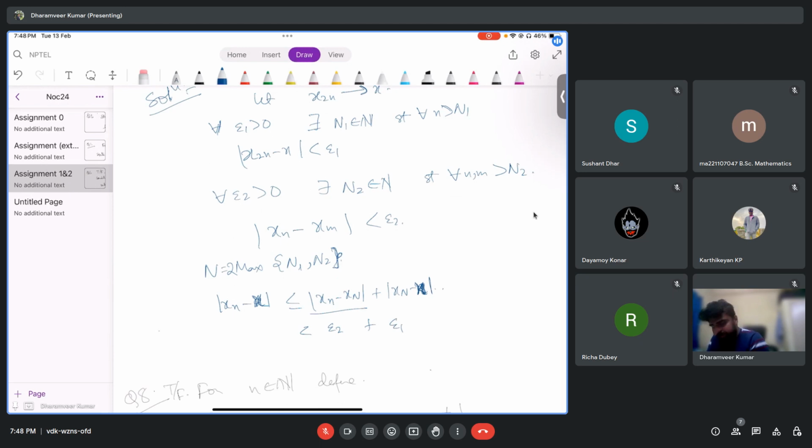So you have to take epsilon, this has to be epsilon, so pick epsilon 1 equal to epsilon by 2. Yeah, probably for the simpler proof, this was given.